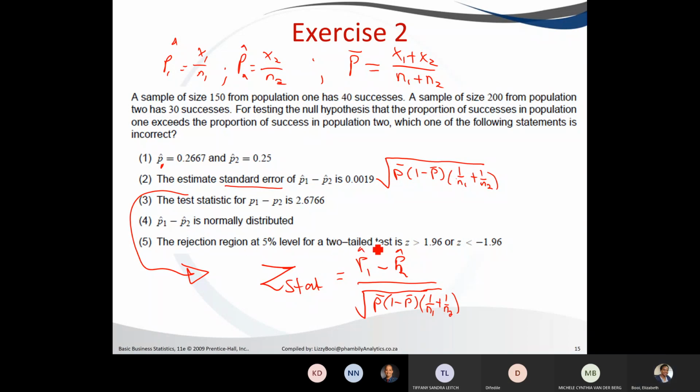And because you're doing a two-tailed test, you must be very careful because you need to go find Z alpha divided by 2.